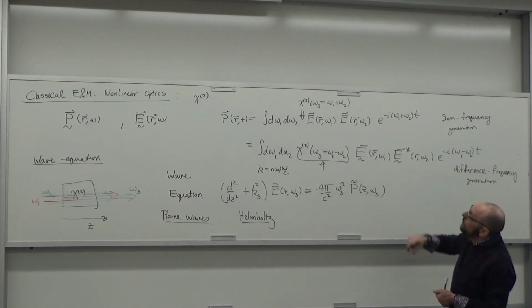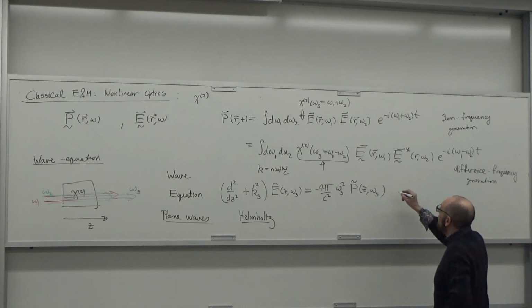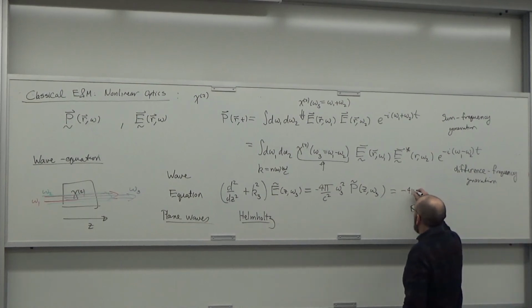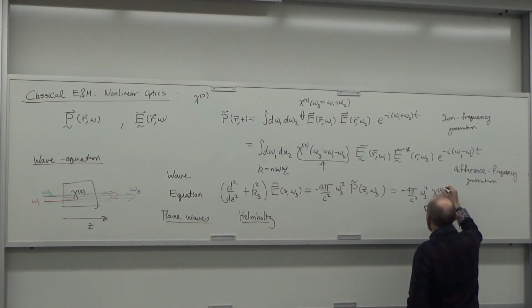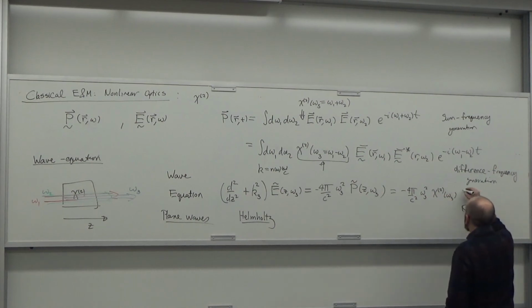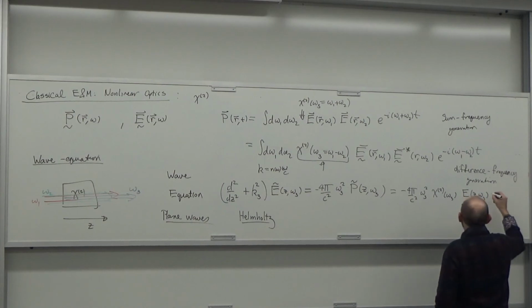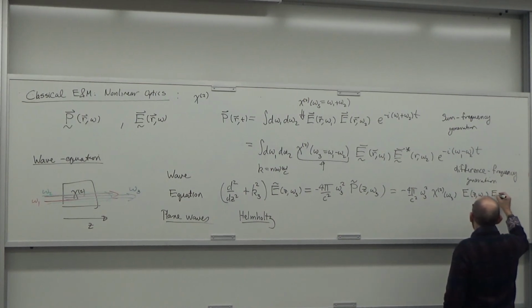This p we just wrote down is equal to minus 4 pi over c squared omega 3 squared chi 2 at omega 3 times the electric field at omega 1 times the electric field at omega 2.